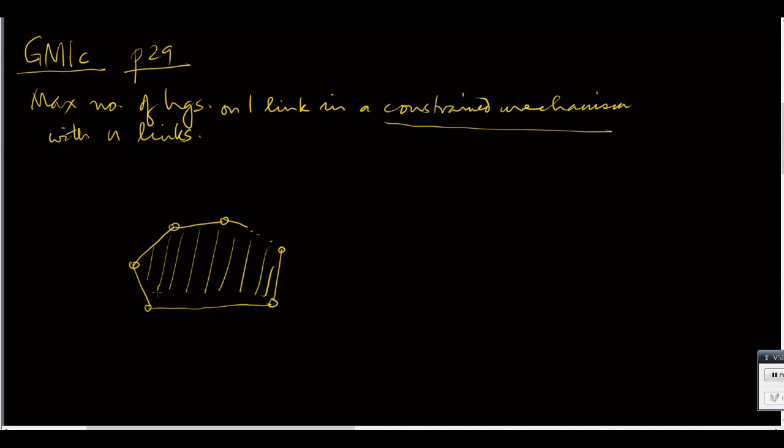It's easier for me to shade it like this, hatch it like this rather than put dots. The hinges are numbered, so this is hinge 1, 2, 3, 4, all the way to I minus 1 and I. Now these are connected to other hinges. Each of these hinges are connected to other links.